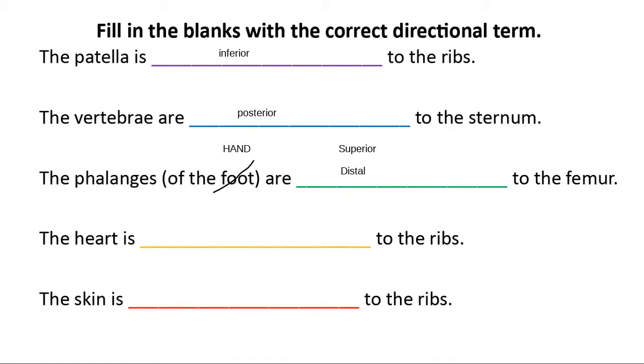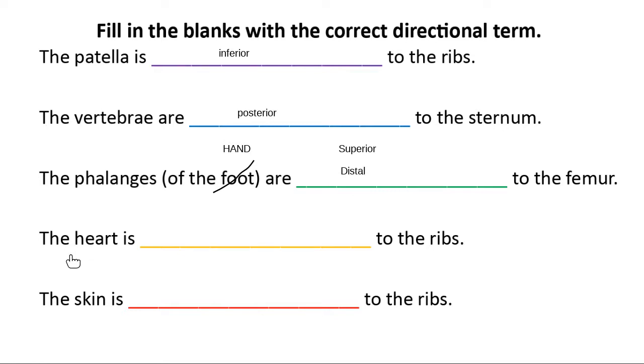So if I switch it out to where they're not both on the same leg anymore, and I'm talking about something that's on the arm and something that's on the leg, Kaylin's totally right. I can't use proximal and distal anymore. I can only use that when they're on the same one. So two things on an arm, two things on a leg, my only options, proximal and distal. Something on an arm, something on a leg, well, then I start to use some of those more normal words, if you will, superior and inferior.